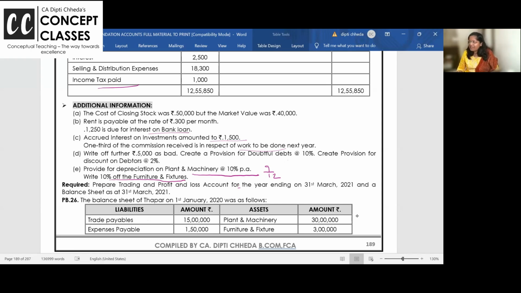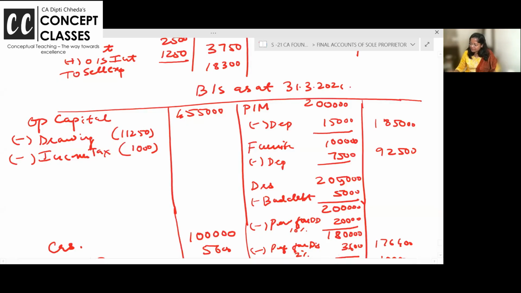This we had learnt in depreciation. Yes or no? Are you all clear? So plant and machinery is 10%, 9 by 12. And here furniture में it's only 10%. So don't do 9 by 12. We all will change our depreciation, please. Let it be 10%, 1 lakh.